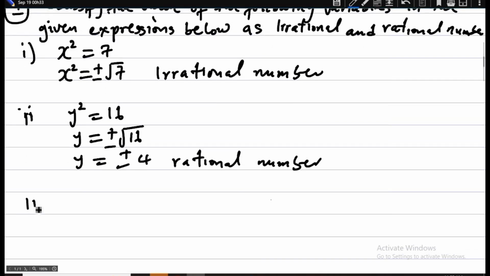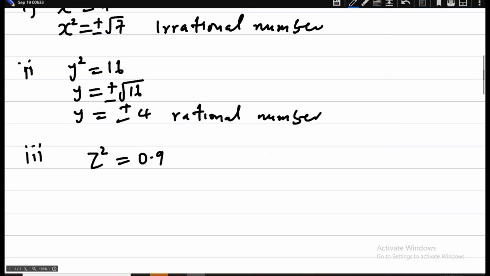For III, they gave us that z squared is equal to 0.9. In fact, don't always use points so that it will not confuse you. So this will give us that z squared is equal to simply 9 over 10.